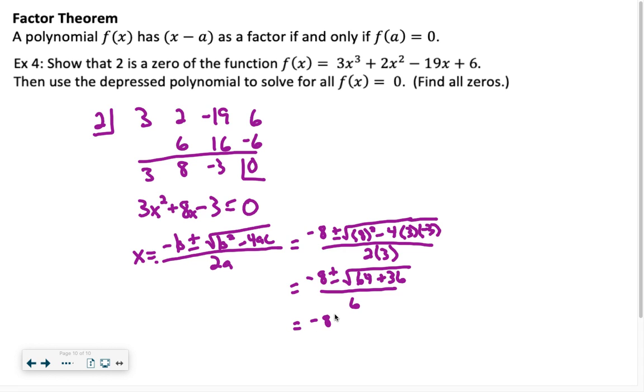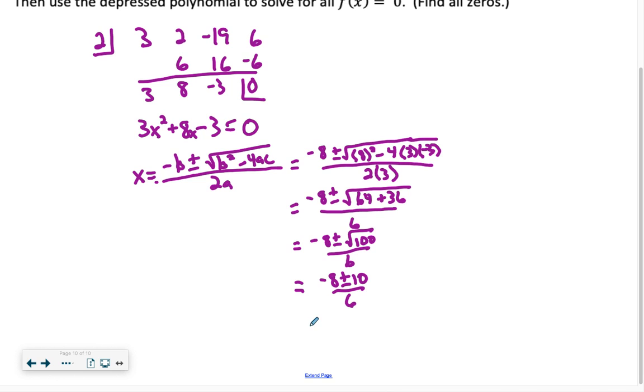So negative 8 plus or minus. This would end up being 100, right? The square root of 100 all over 6. So we end up getting negative 8 plus or minus 10 over 6, right? And we can then split that up into the two options that would create.